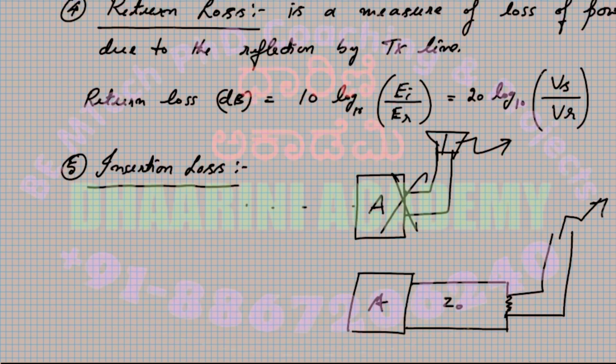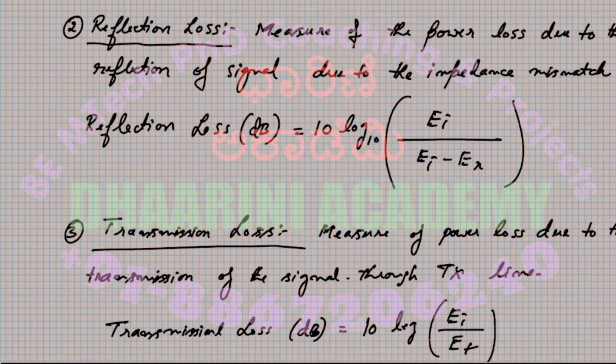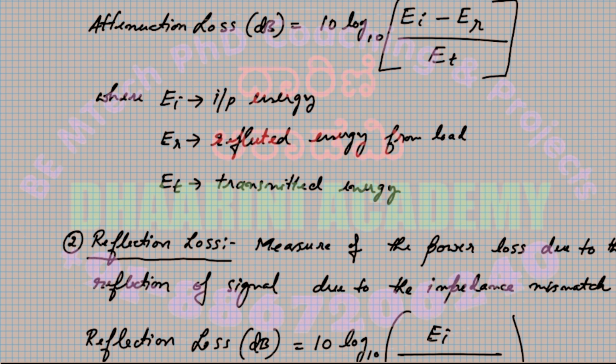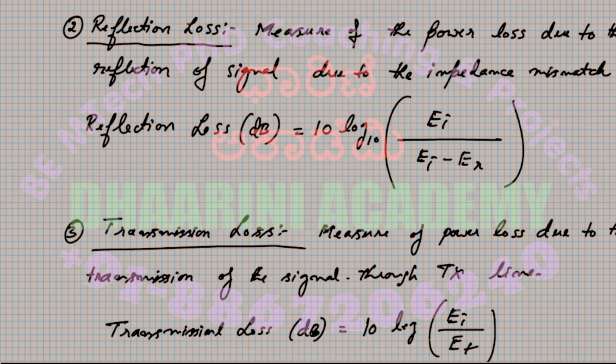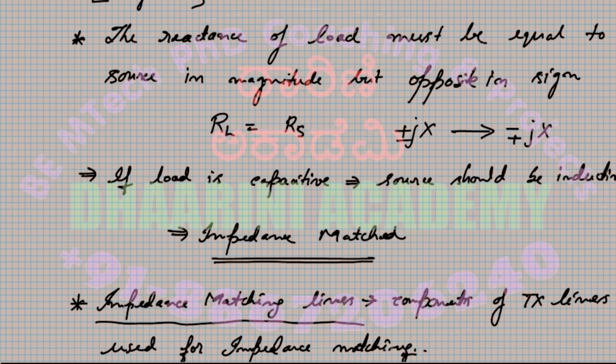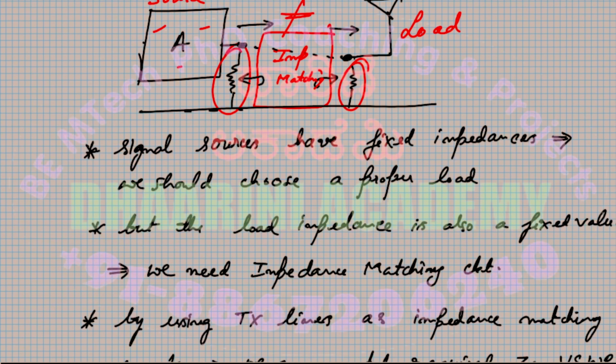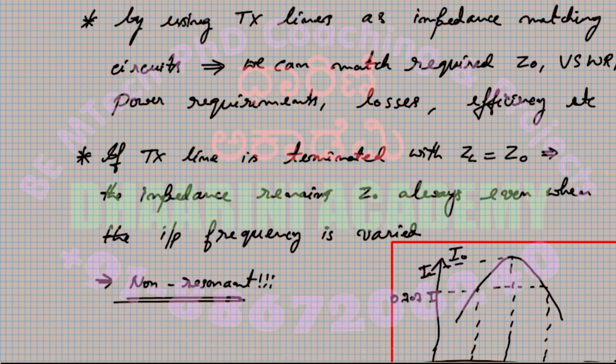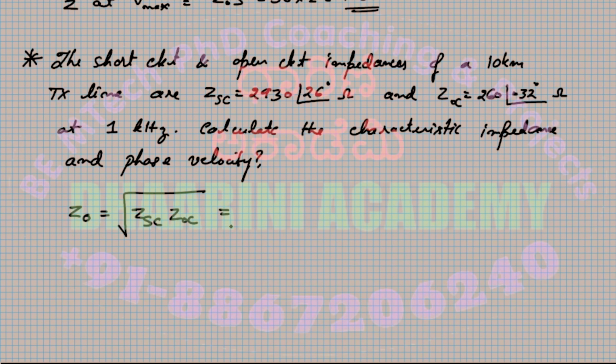I think we wrote it in another format: Z naught equal to root of ZL into ZS. It's the same one. So apply that here.